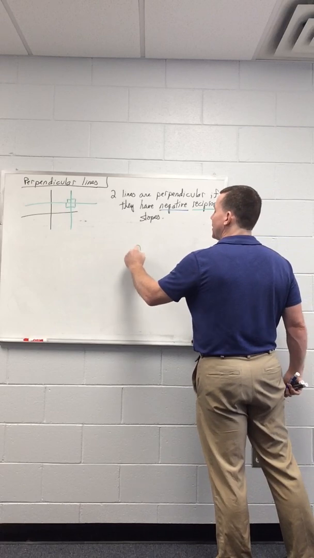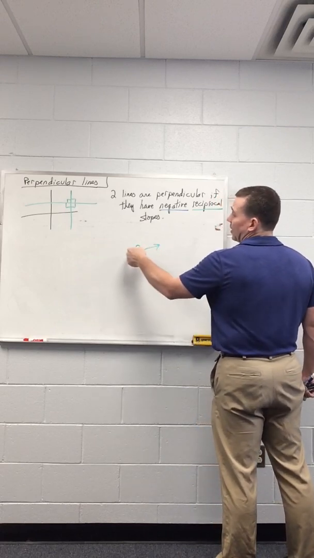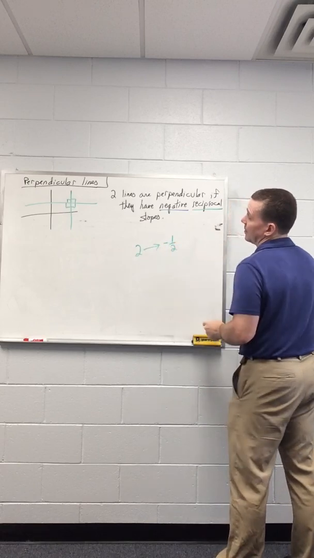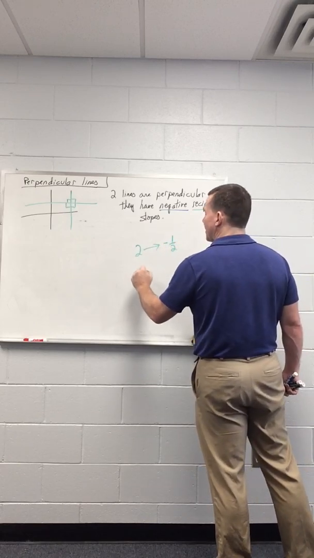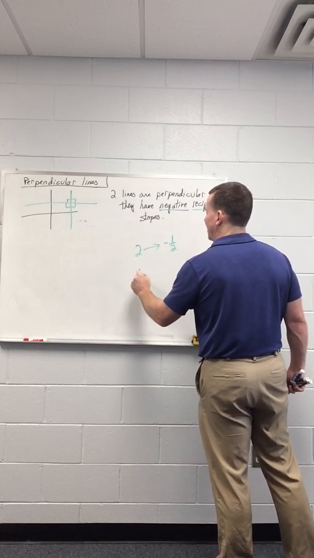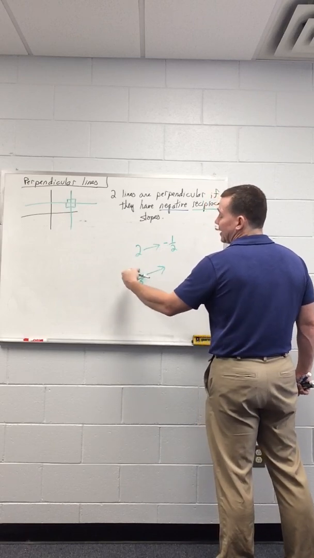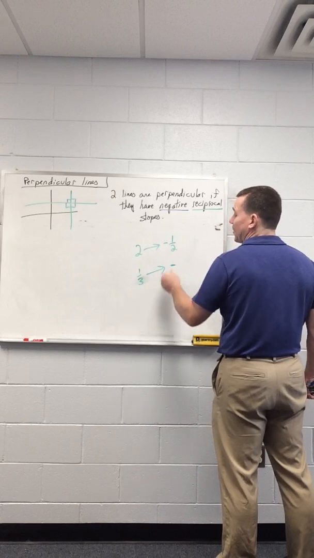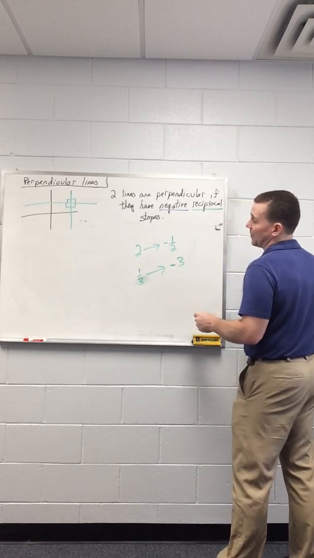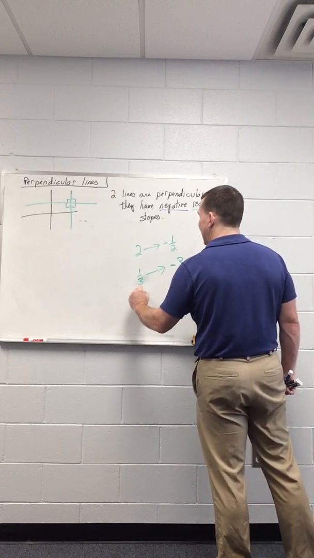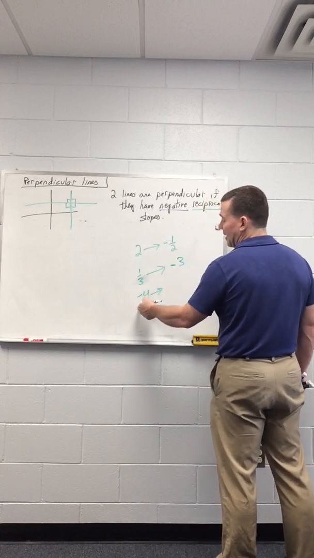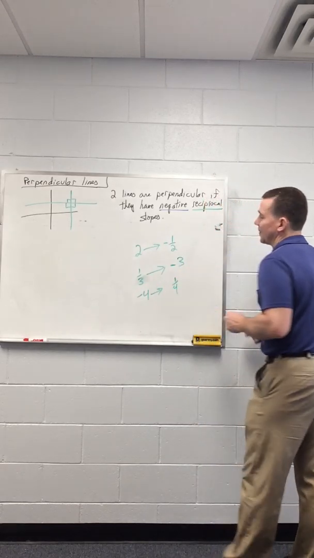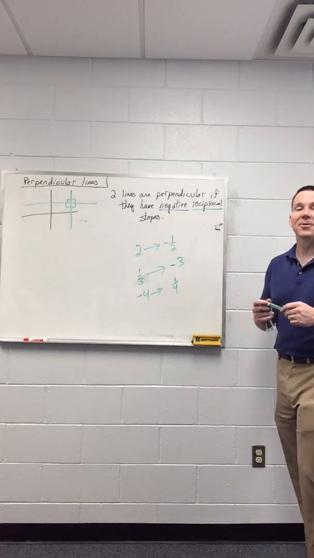If I have the number 2, the negative reciprocal is -1/2. If I have 1/3, negative reciprocal, so flip the sign, positive becomes negative, flip the fraction, 1/3 becomes 3. If I have -4, that's negative, flip the sign to positive, flip 4 to 1/4. And those are negative reciprocals.